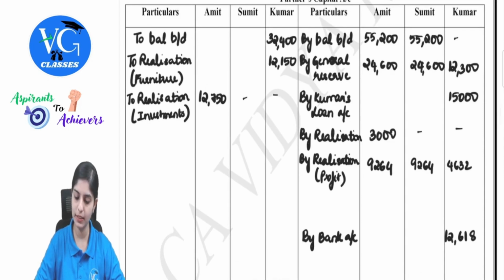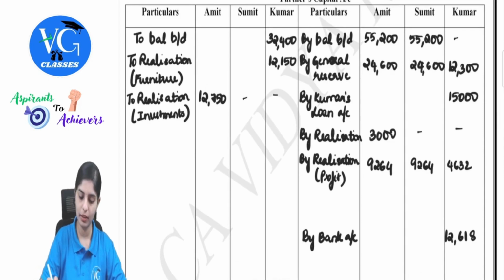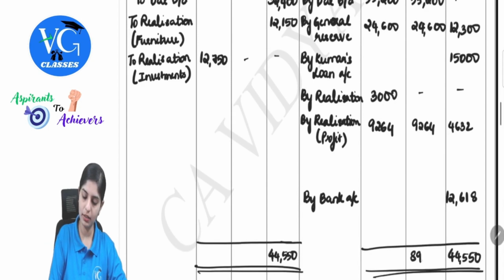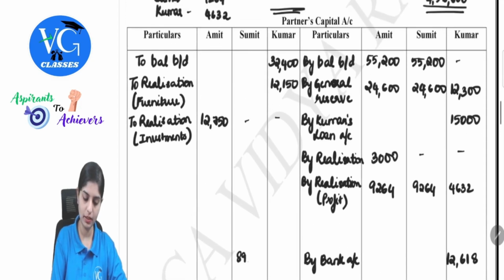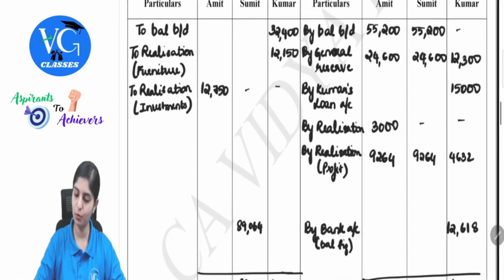55,200 plus 24,600 plus 9,264, 89,064. 55,200 plus 24,600 plus 3,000 plus 9,264.